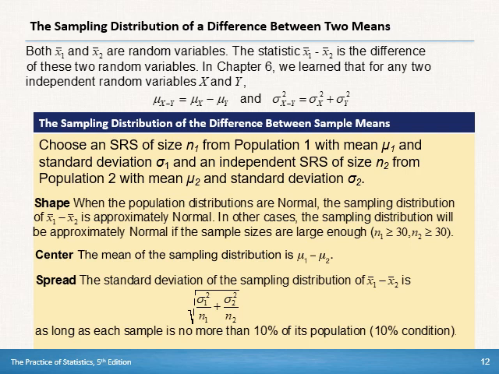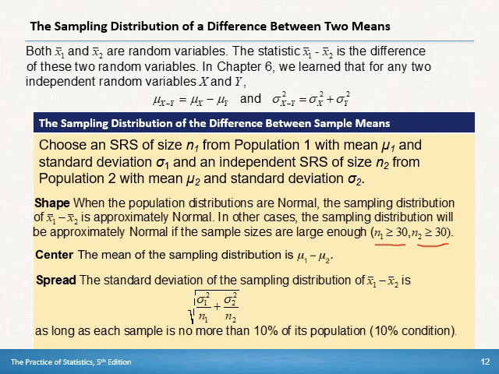Okay, so let's just go through this. So talking about the shape, we know the sampling distribution of the difference in X bars is going to be approximately normal if we know that the two sample sizes are greater than 30, right? So in other words, the central limit theorem is going to tell us that each of the individual sampling distributions is normal if each of their sample sizes is over 30.